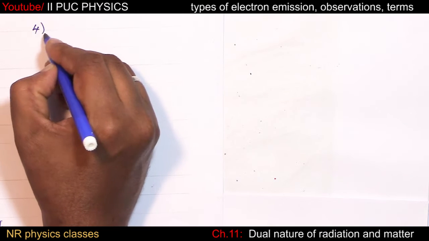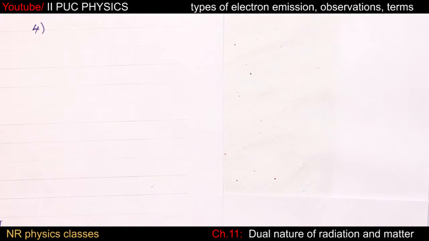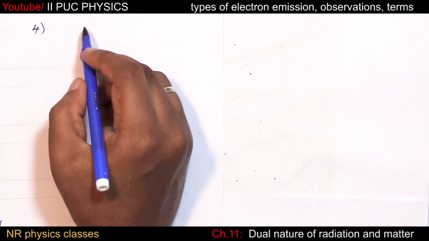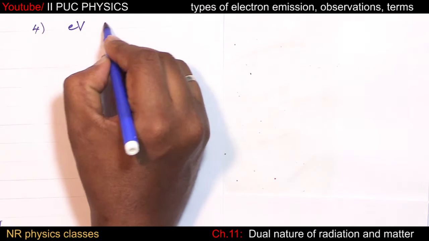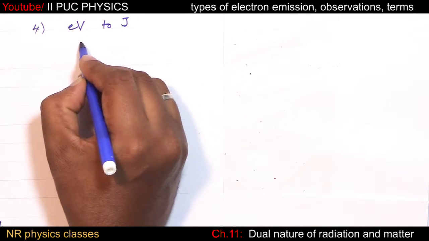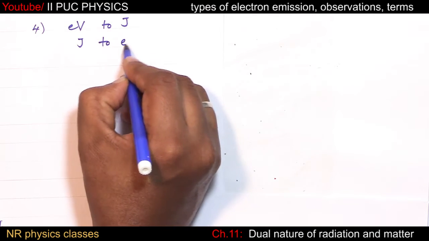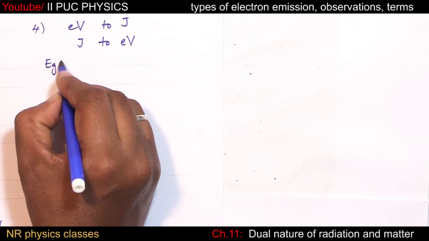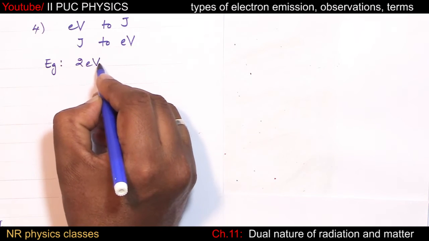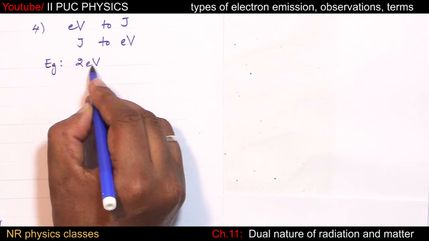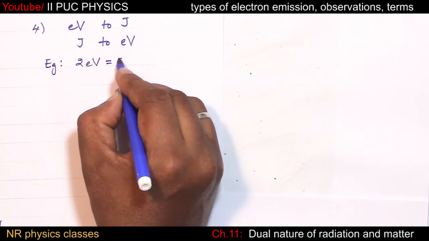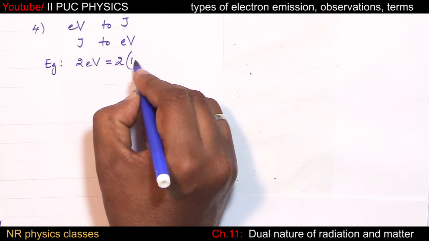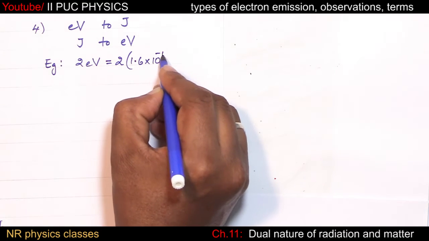Fourth, examples of electron volt to joule, joule to electron volt. As an example, 2 electron volt energy. 2 electron volt is equal to 2 into 1.6 10 power minus 19.